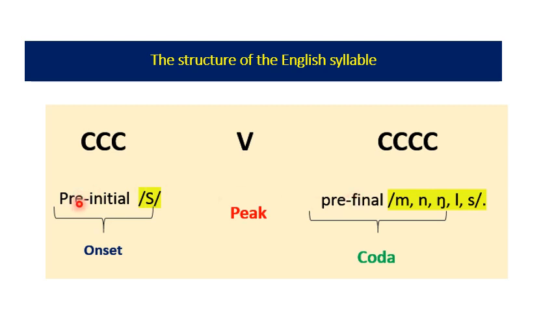When you have a pre-initial, it's clear that we have initial after that, and then post-initial, depending on the syllable that we have. And if you have pre-final, we will have final and post-final and so on. Okay, so we need to have these sounds, not letters by the way, sounds, in order to create a pre-initial and pre-final.